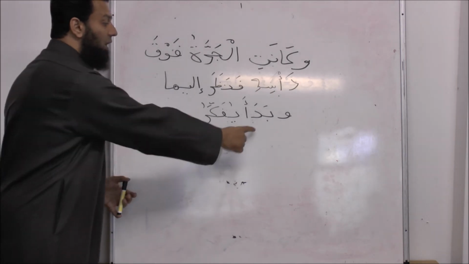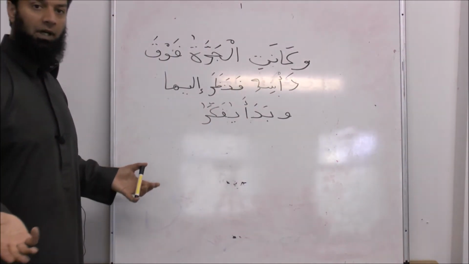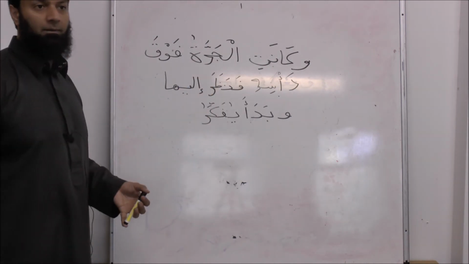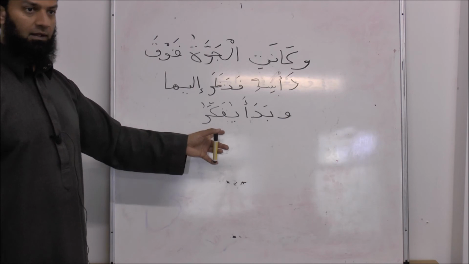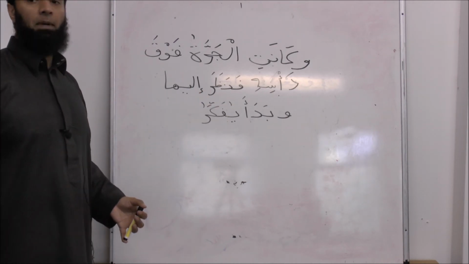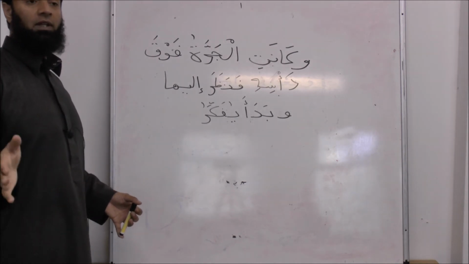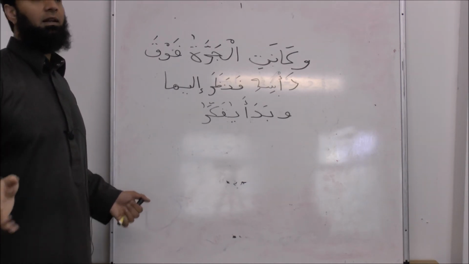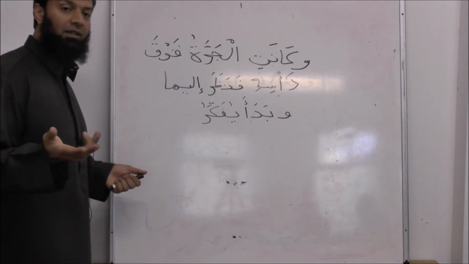So we've got a verb in the past tense meaning he started. This is how you express he started to do something: he started to read, he started to write, he started to think. You put bada'a and then the verb in the present. Bada'a yufakkiru, he started to think. Yufakkiru, he is thinking. How do you say I'm thinking? What does it begin with?